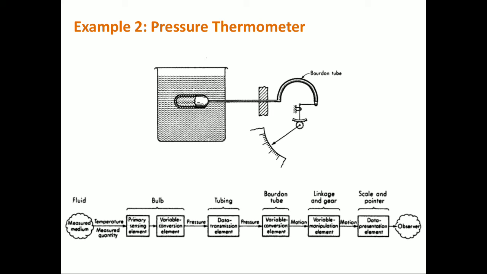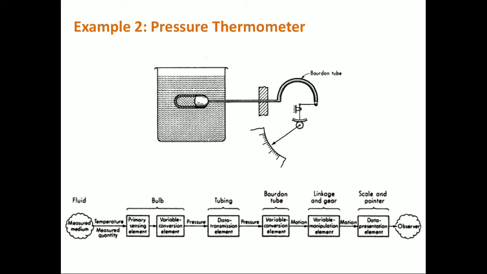Here the first two blocks are carried out by the bulb which is placed inside the liquid, that takes the liquid from the measuring medium and presents it as a mechanical variation, a variation in the pressure of the signal. Then the entire length of the tube can be considered as a transmission element.